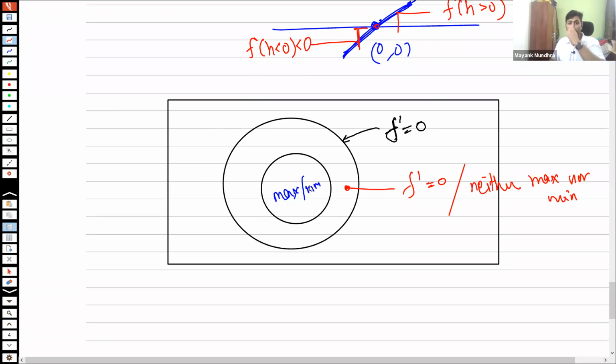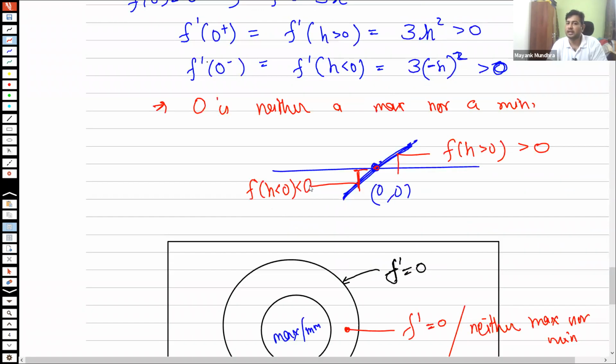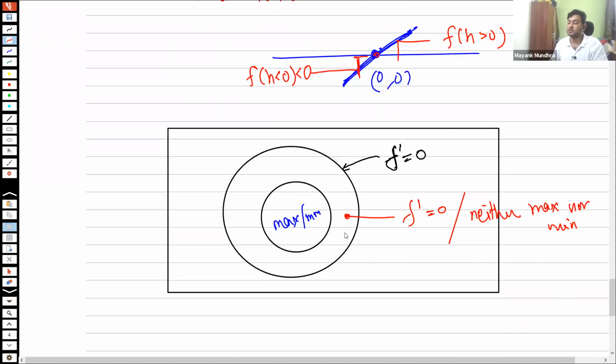So there are going to be points like we just saw in the x cube case, where x equals 0 is a point which satisfies this condition, yet it is not a maximum or a minimum. So that's why it's a necessary condition which you have to satisfy, but it is no guarantee that you will be a maximum or a minimum. So it's like a necessary but not sufficient criterion.